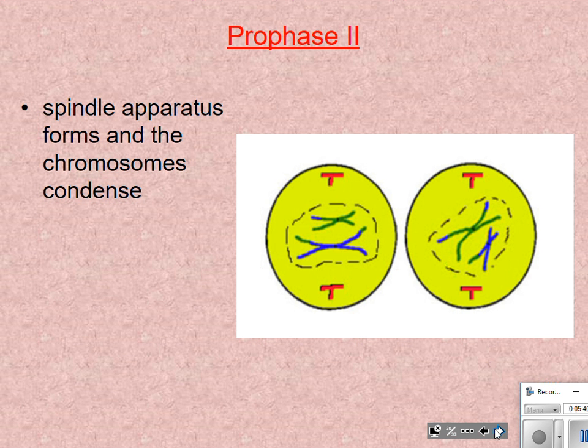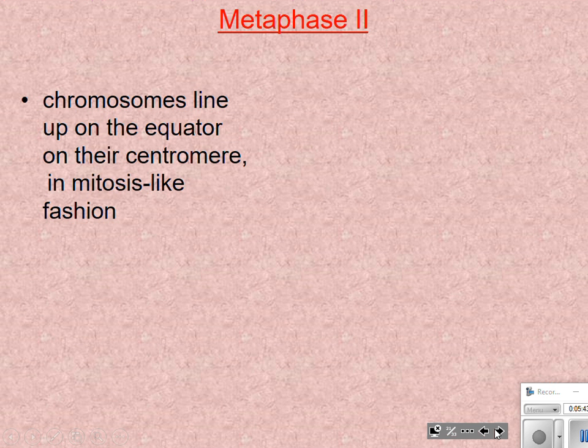Our next phase is metaphase 2, and like all metaphases, what happens? Chromosomes line up in the middle. Metaphase, middle. We call that middle, once again, the equator. So, the chromosomes line up on the equator of the cell on their centromeres, much like mitosis.